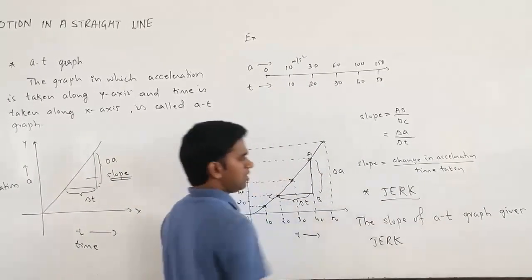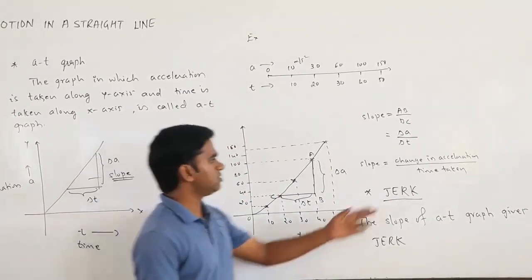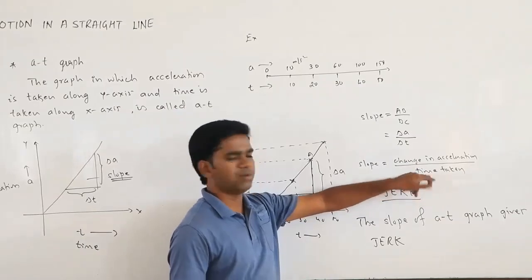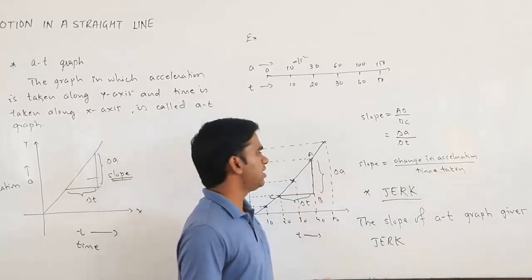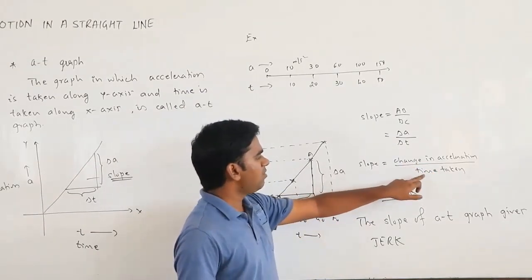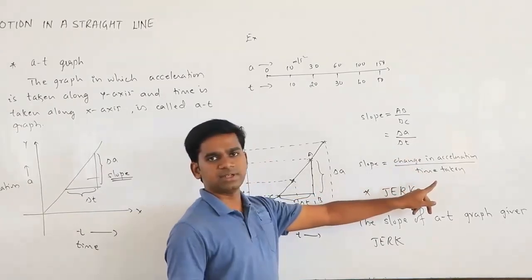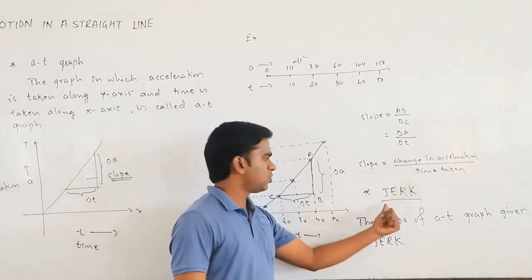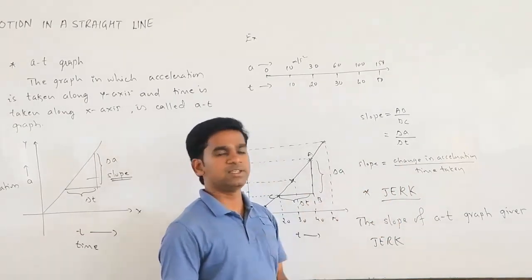Then what do you mean by jerk? It is change in acceleration divided by change in time. It is nothing but the rate of change of acceleration. So slope is the rate of change of acceleration, and this slope is called jerk.